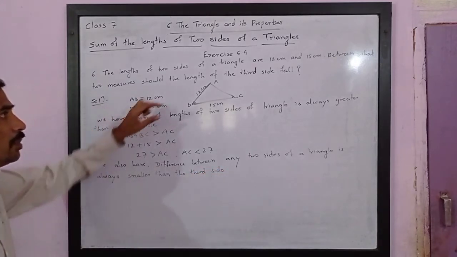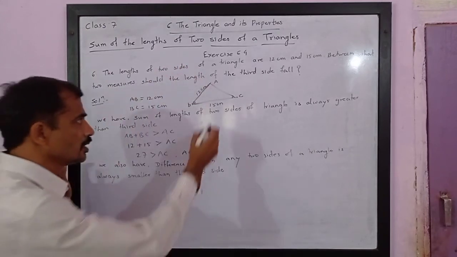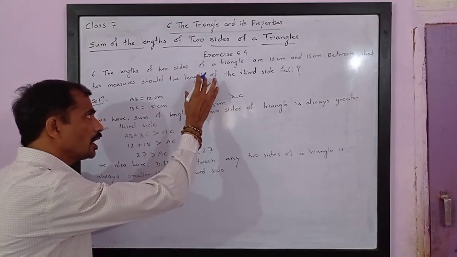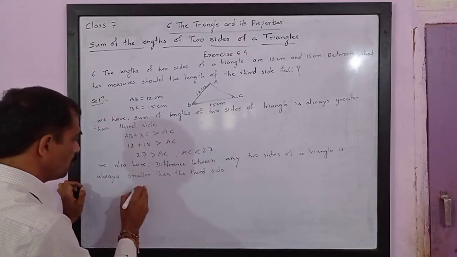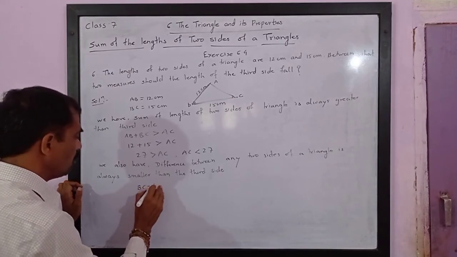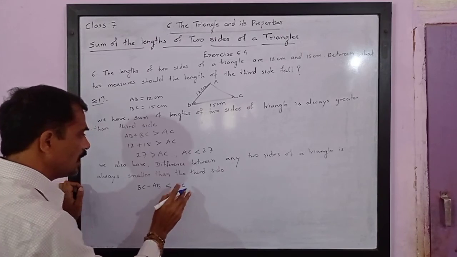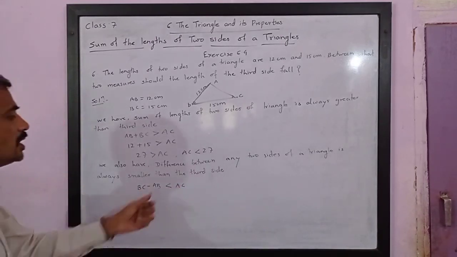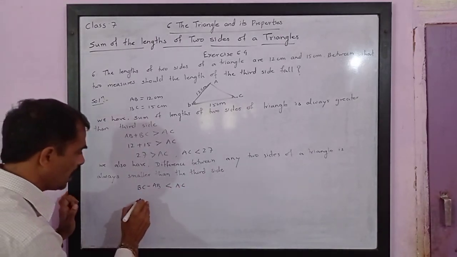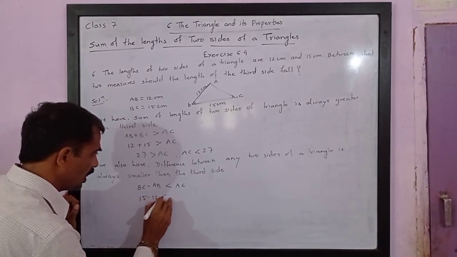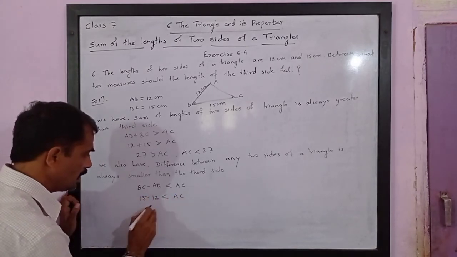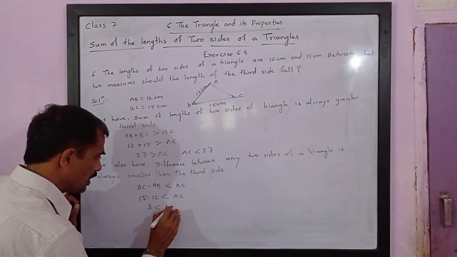It means BC is bigger, so we can subtract AB from BC. So BC minus AB must be smaller than AC. AC is always bigger than BC minus AB. That is, 15 minus 12 is less than AC. It means 3 is smaller than AC.